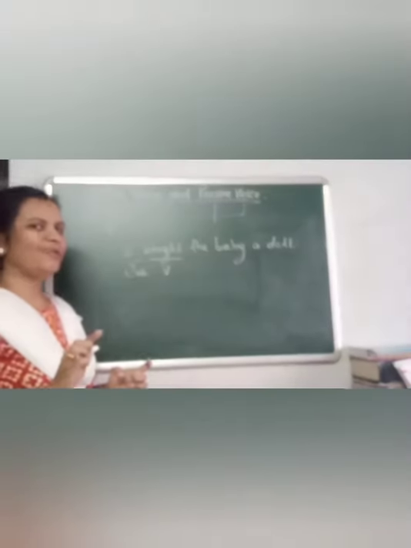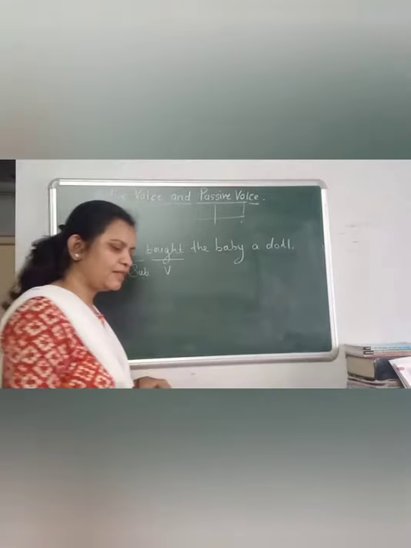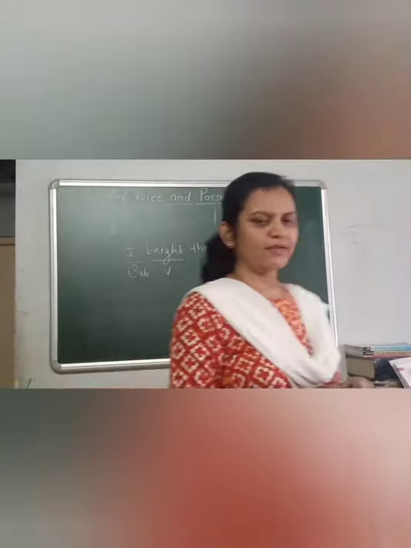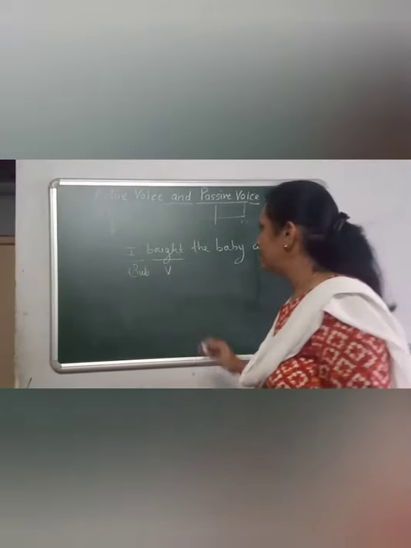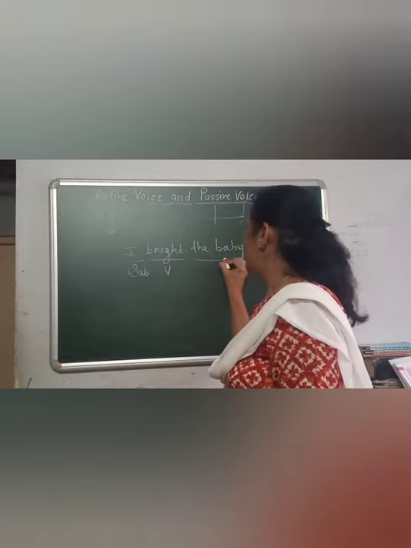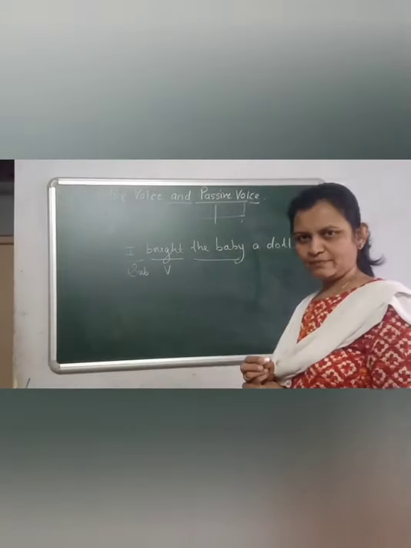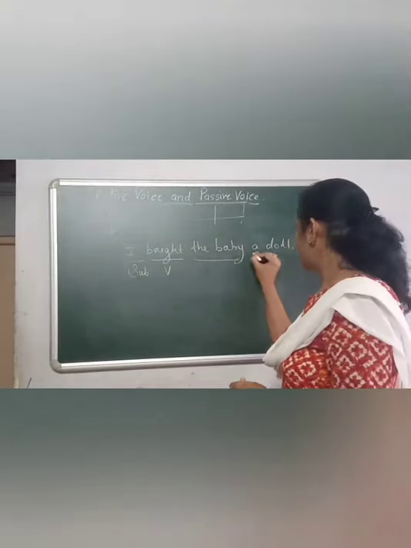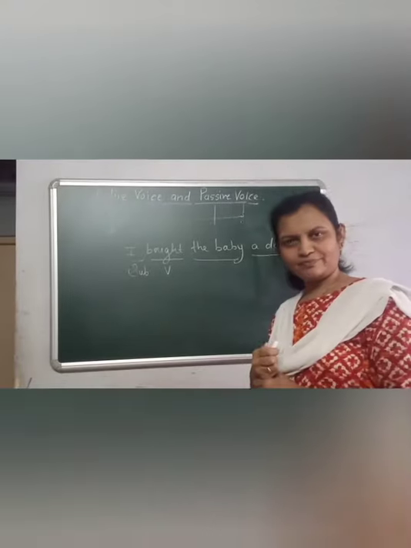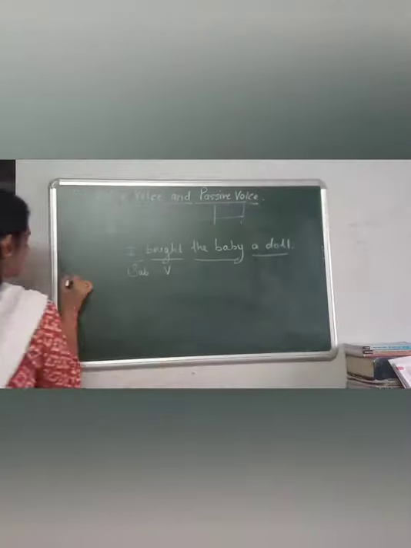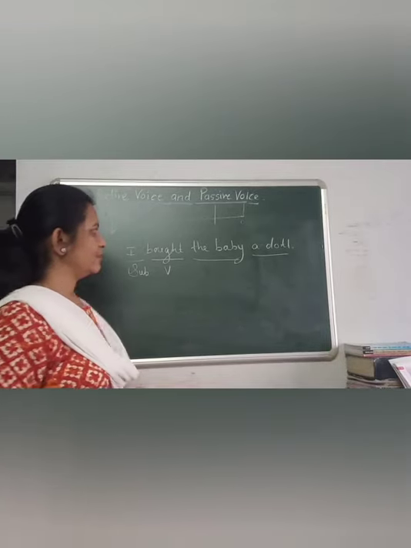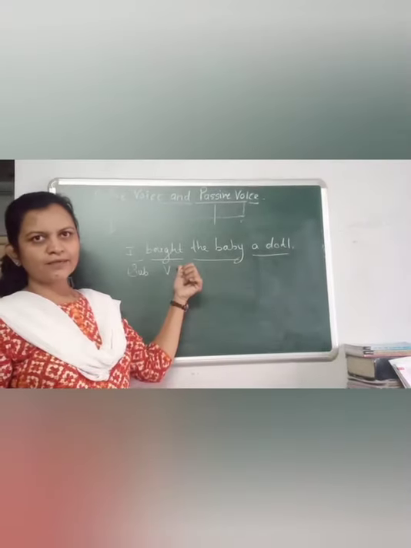So it's very clear which tense is given here. Once again, in this sentence, simple past tense is there. And the third is, what is that? The baby. And what is there? A doll. See, I told you, ask a question by what? What did I buy?